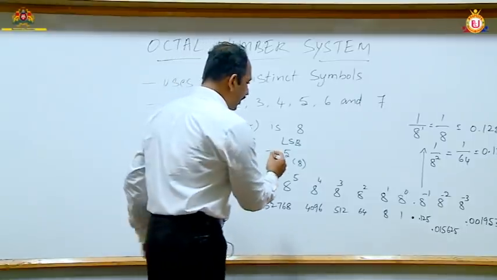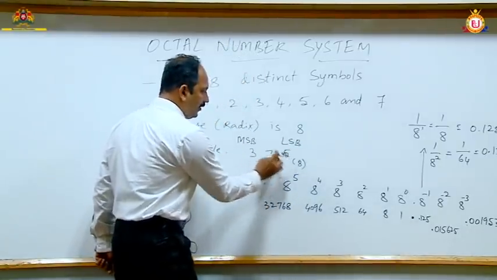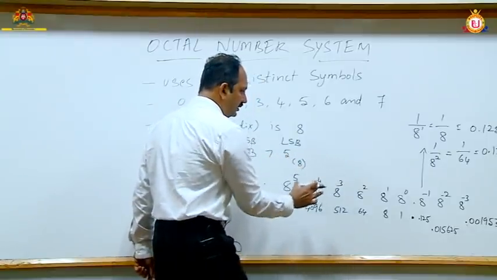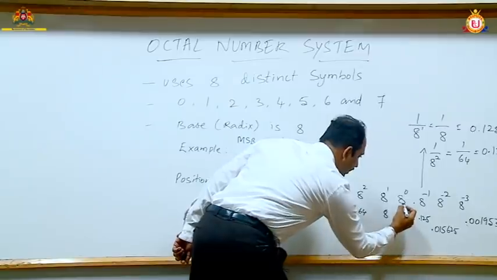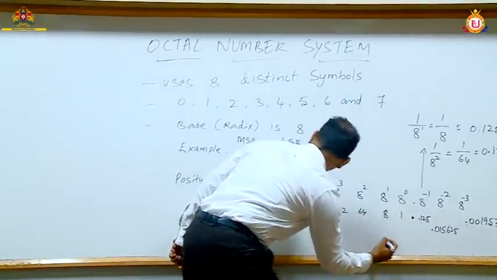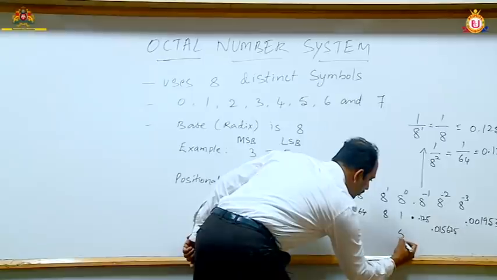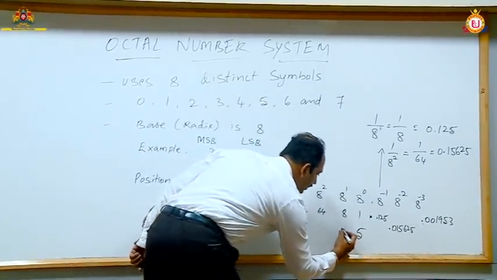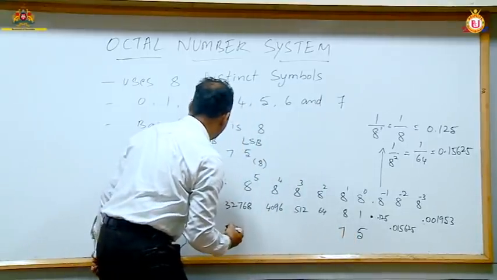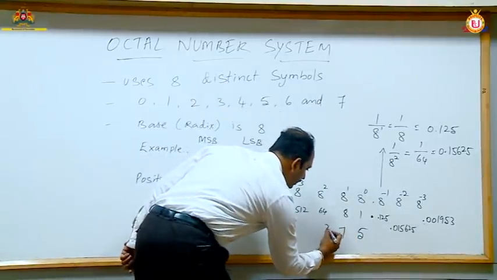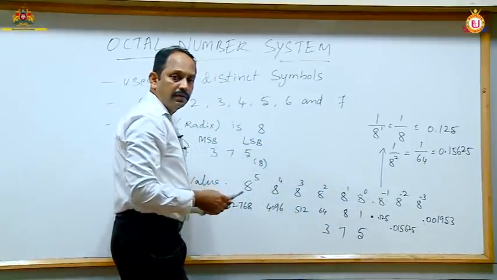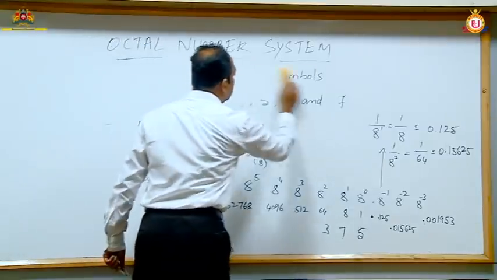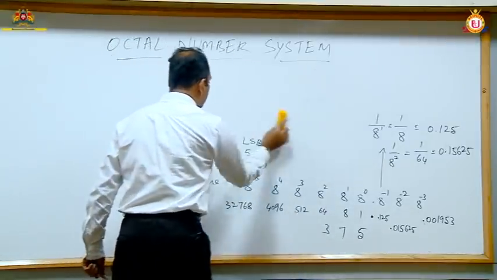So, let me write, there is no fractional part in this value. Let me write 375 in the respective places. So, it is a to the power of 0 place is 5, a to the power of 1 place is 7, a to the power of 2 place is 3. 375. Now you know how we calculate the final value.